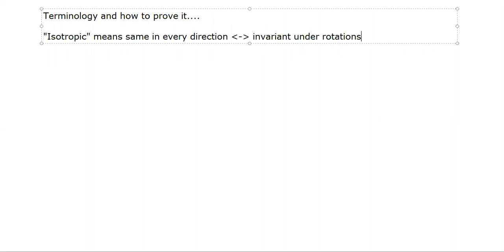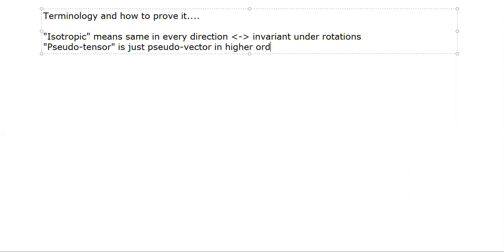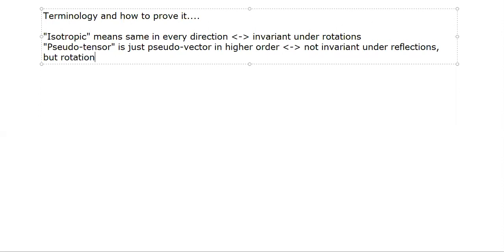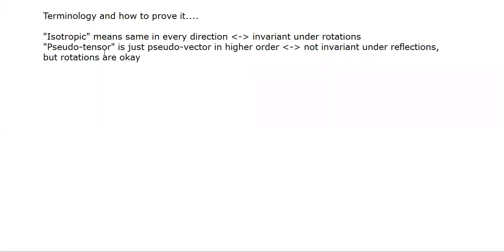And then secondly, pseudo tensor. So it transforms properly under rotations, but if I reflect from a left-handed to a right-handed coordinate system and my tensor-like object is changed, it's a pseudo tensor.